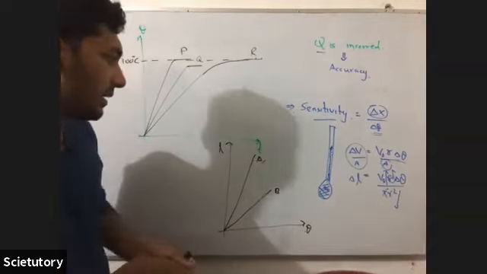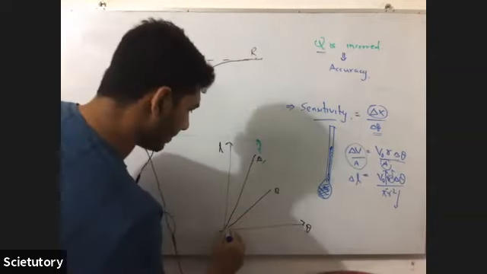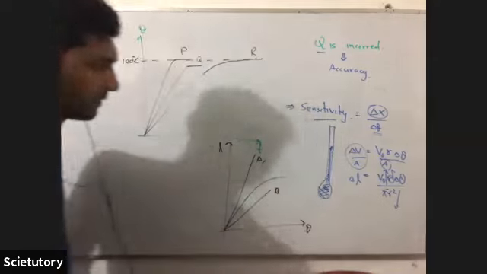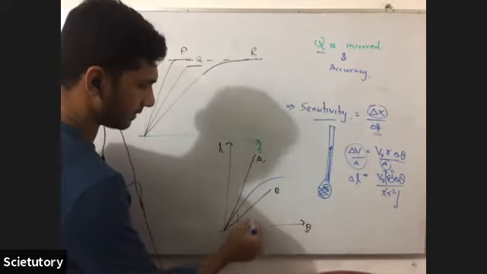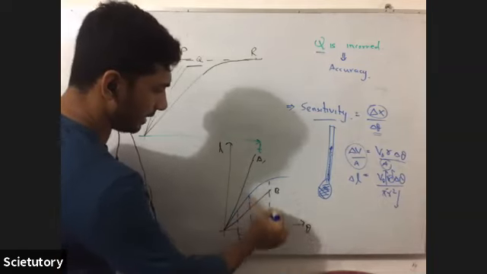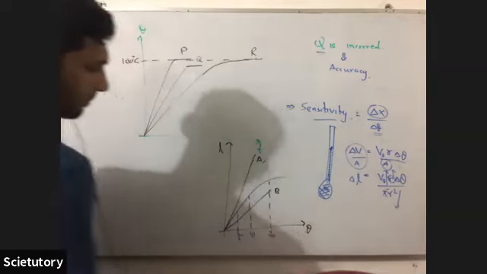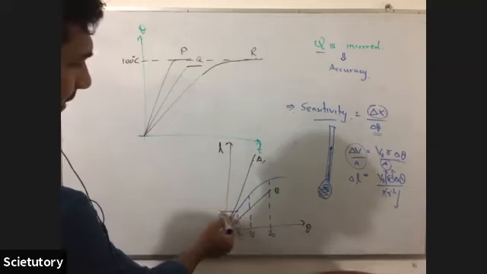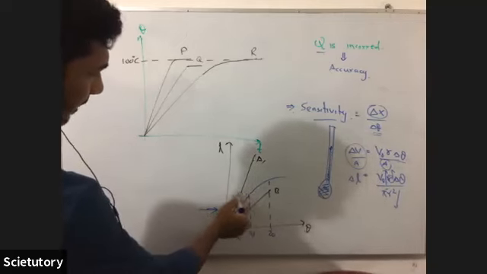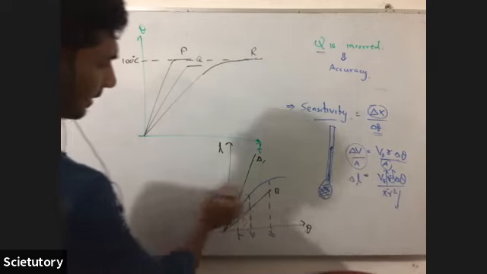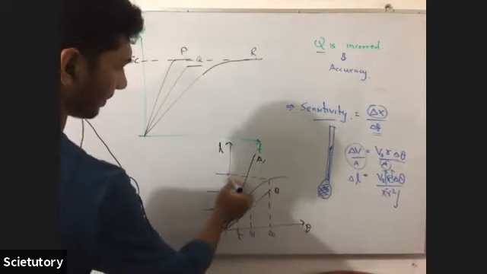Like that, another thermometer has a change like this. For example, here it is 5 degrees Celsius, here it's 10, here it's maybe 20. For 5, it has a length, and this also has a length, and this also has a length.